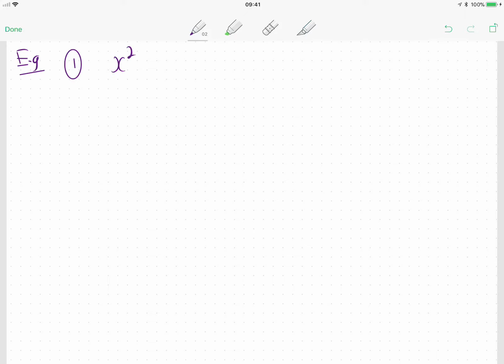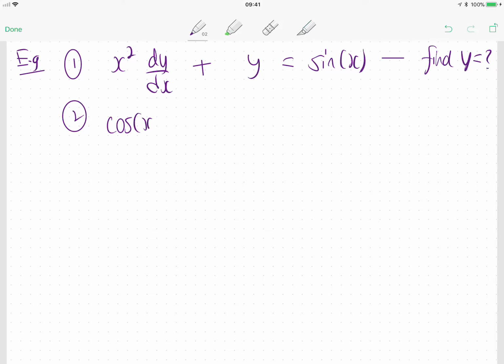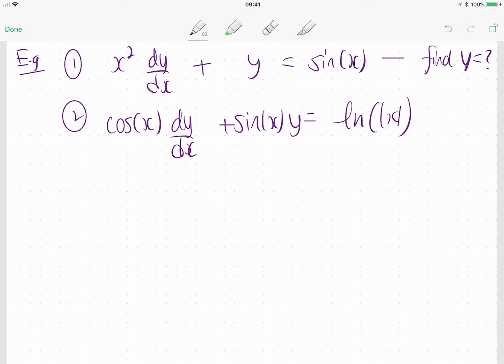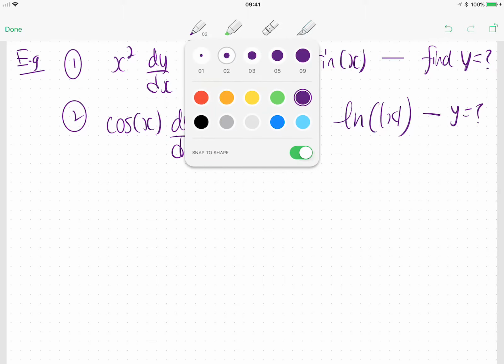We could have some x's, a dy dx, some y's, these being separate terms, so we'll add them, and maybe some function of x on the right, and the goal then is find y, what is y, or another type of problem might be cos of x times dy dx plus sine of x, y equals log of the modulus of x. Again, what is y?